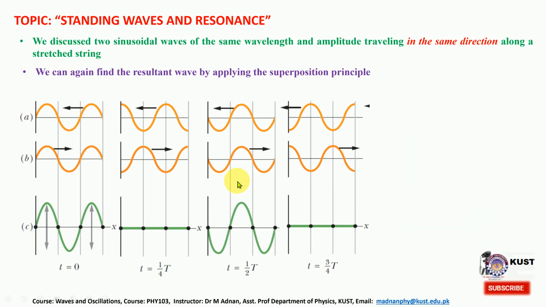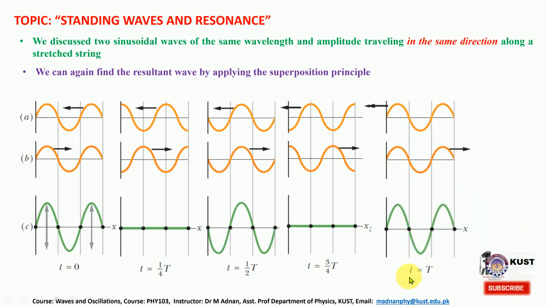Now if we take another snapshot at t equal to exactly the time period, we are back where we started with t equal to 0, right? And again we get the same identical shape. These two shapes are the same as the t equal to 0 snapshot.